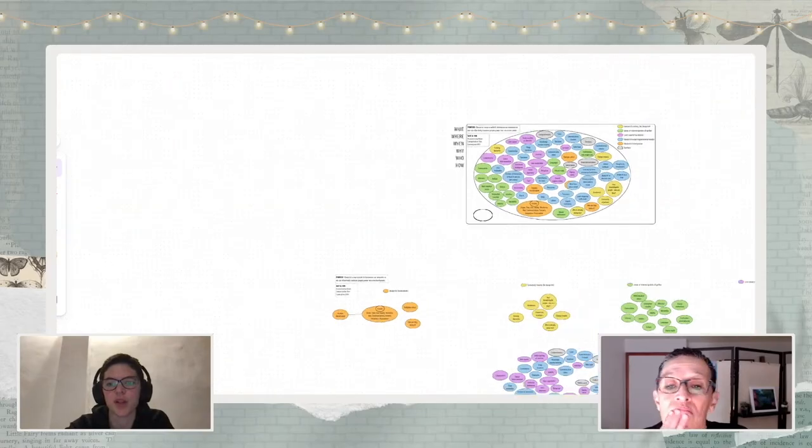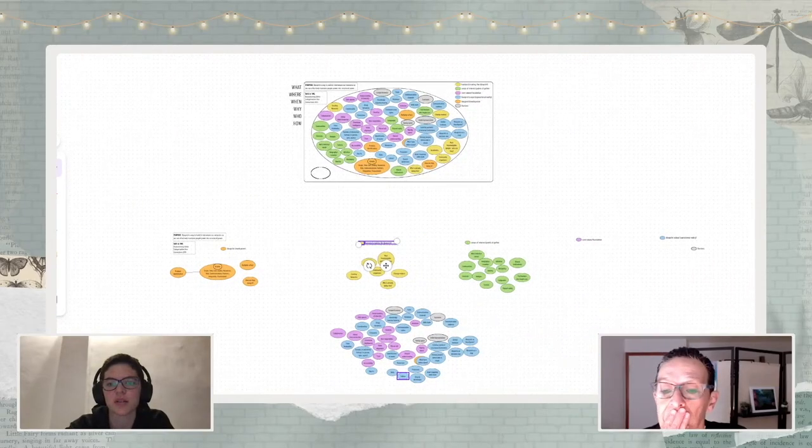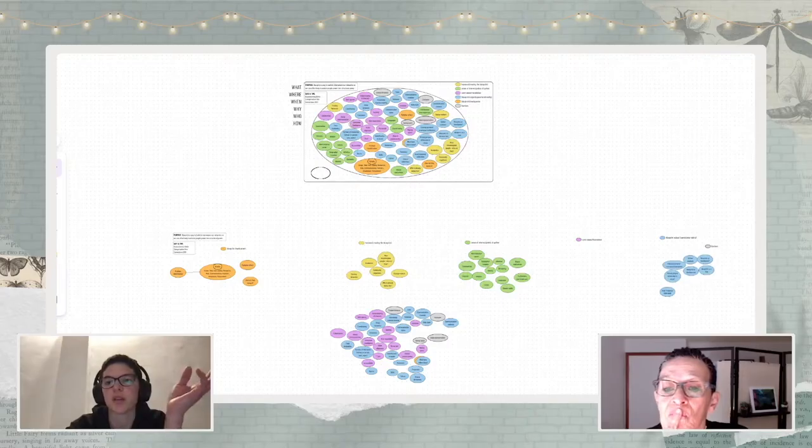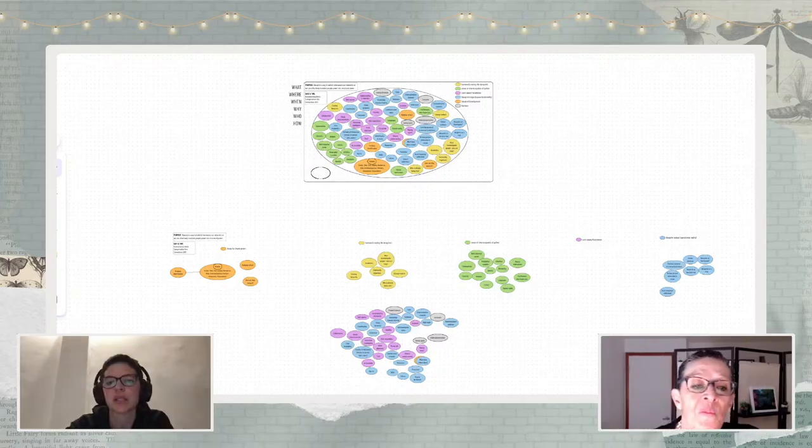I copy all the bubbles, and then I start moving them into their color categories. And that is just a first step, and then being able to look at the information a little more closely without as much noise of the other categories, if that makes sense.